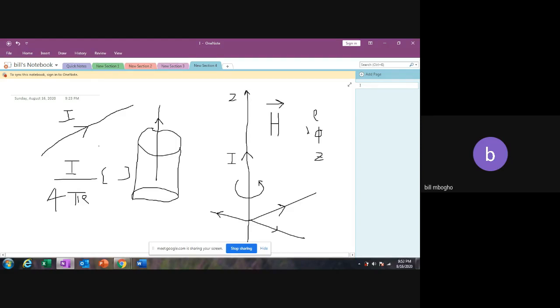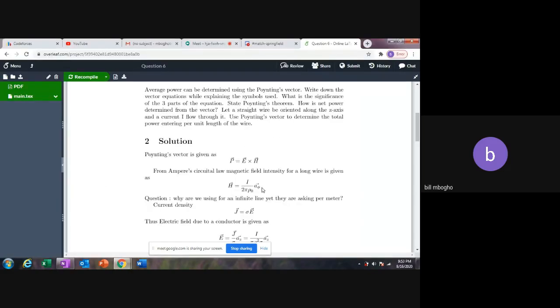When it becomes an infinite line, that becomes cos 0 plus cos 0, which is 2. And then the 2 and 2 cancel, and it becomes I over 2 pi rho in the phi direction. So my question is, since the question is asking for the total power per unit length, why are we using the formula for the infinite line? Maybe who can try to answer?